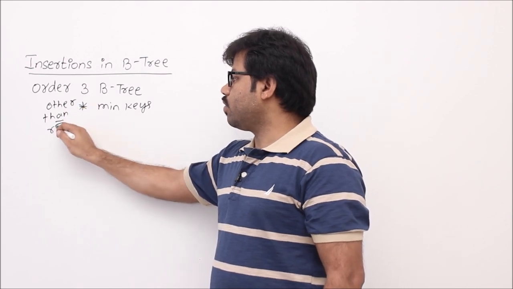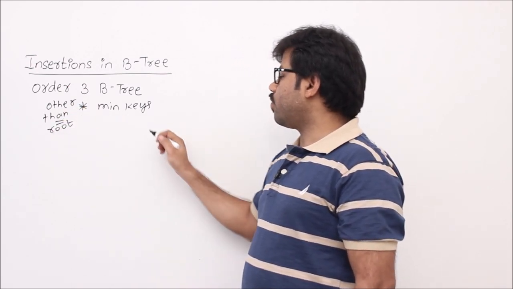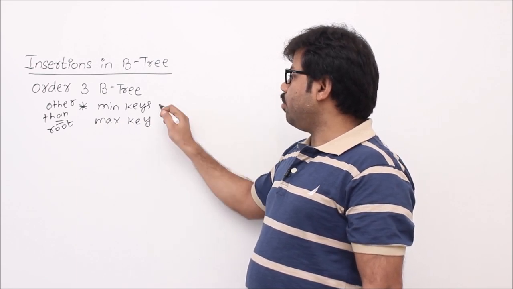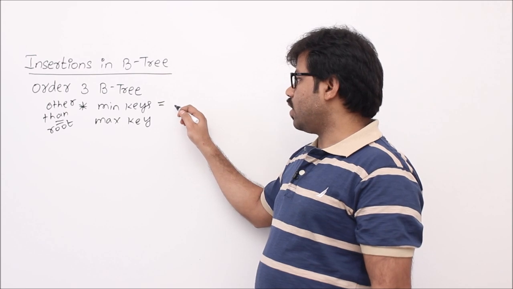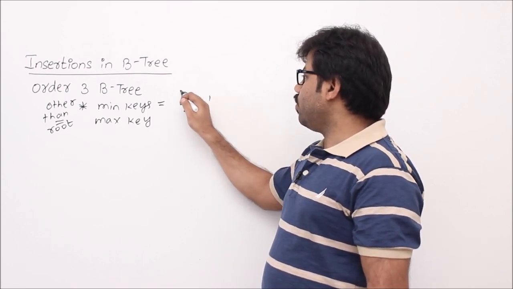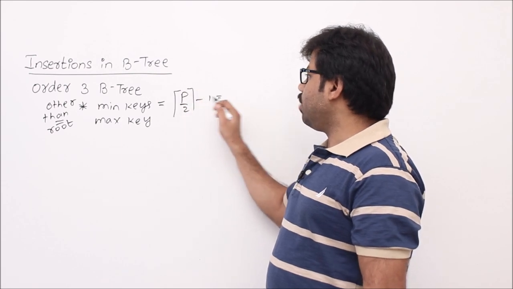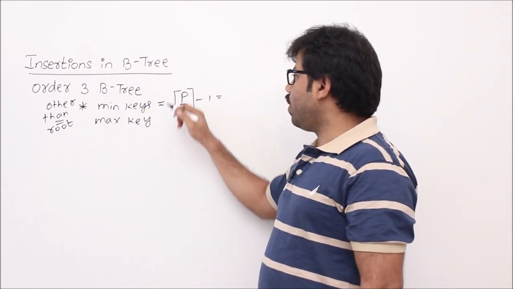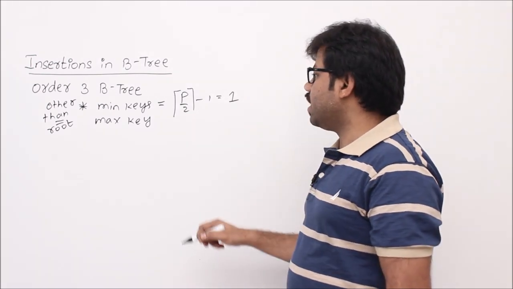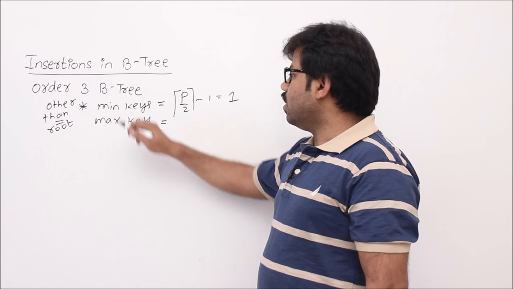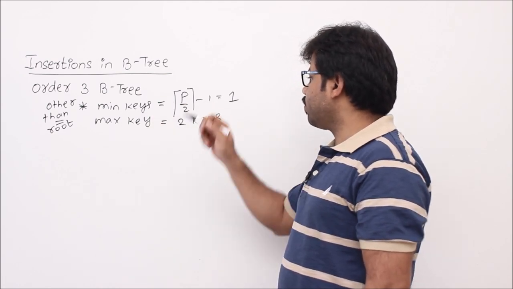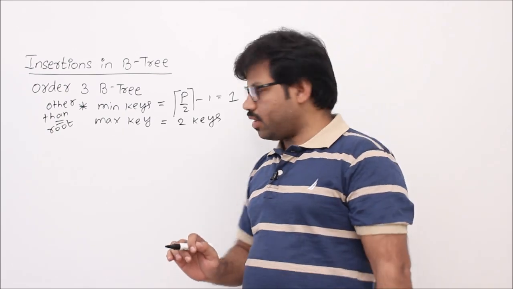So other than root, minimum keys equal to p by 2 minus 1, which is the ceiling. So 3 by 2 is 1.5, the ceiling is 2, 2 minus 1 is 1. So the minimum key is 1. The maximum key is 3 minus 1, so 2 keys. At most we can have 2 keys. Remember it. In such a way we should plan.